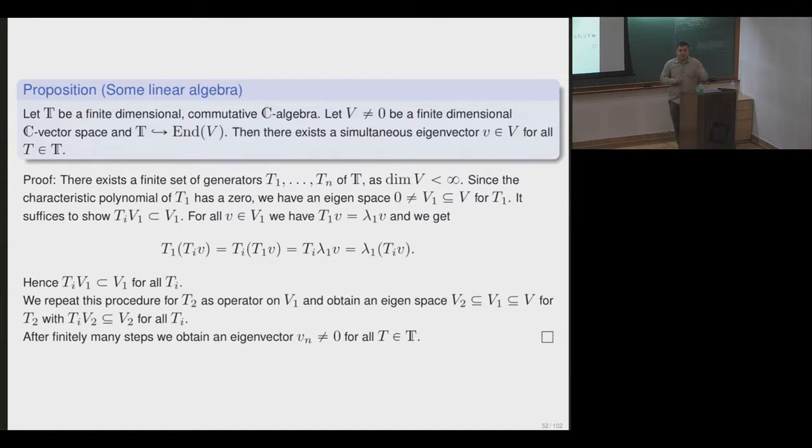It is clear if you have one operator, you will find an eigenvector. It is just due to the fact that a complex polynomial does have a root. And therefore you can solve for this root.